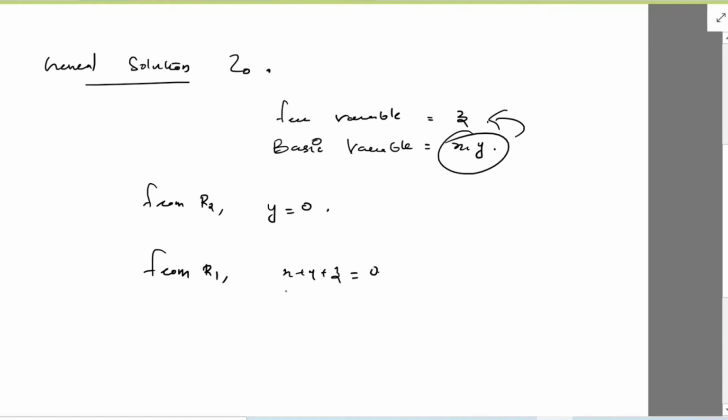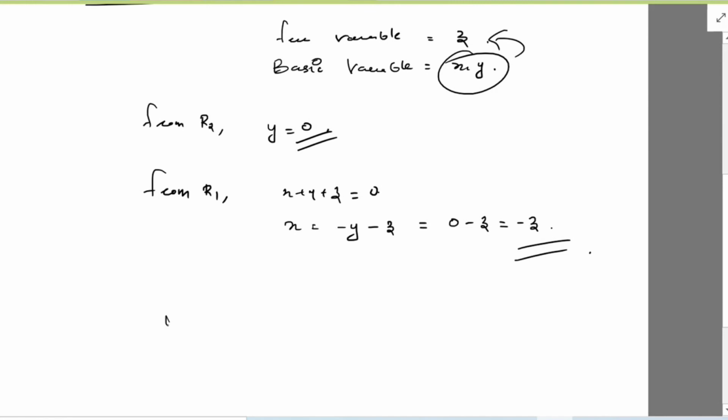So we will express x in terms of the free variable. So x equal to minus y minus z. y is always 0, so 0 minus z, which is equal to minus z. So x equal to minus z, y equal to 0, and z is the free variable.